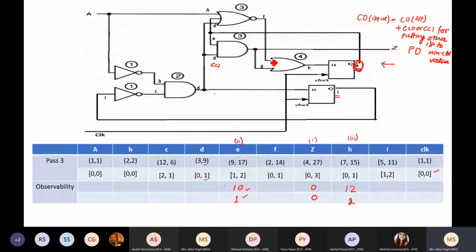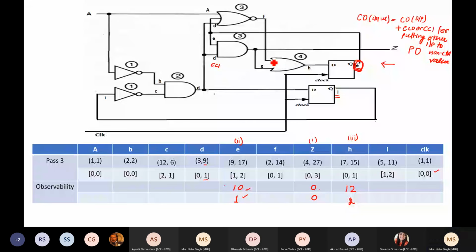This is an OR gate. The non-controlling value is 0. So I should use CC0 of G plus CH, plus 1.